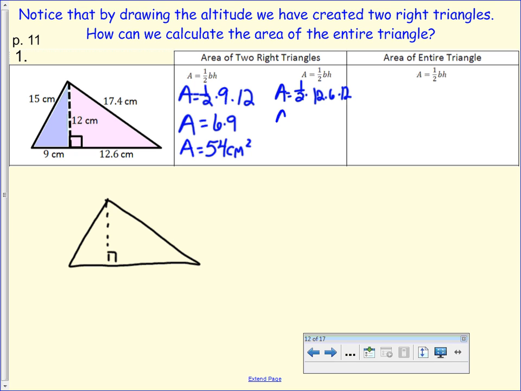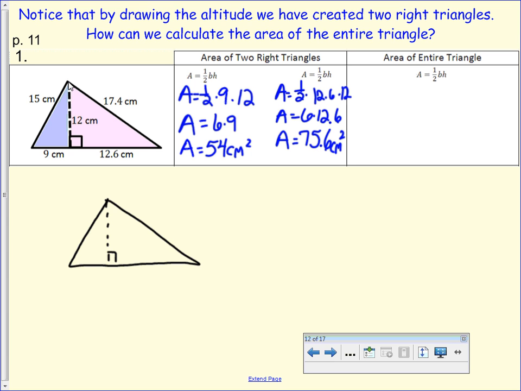Again, let's do half of 12 to make it easier. Could use your calculators. What's 6 times 12.6? The calculator is going to be a distraction. Before I tell you when to use it, I'm going to take it away. 75.6 centimeters squared. But that's just the pink.